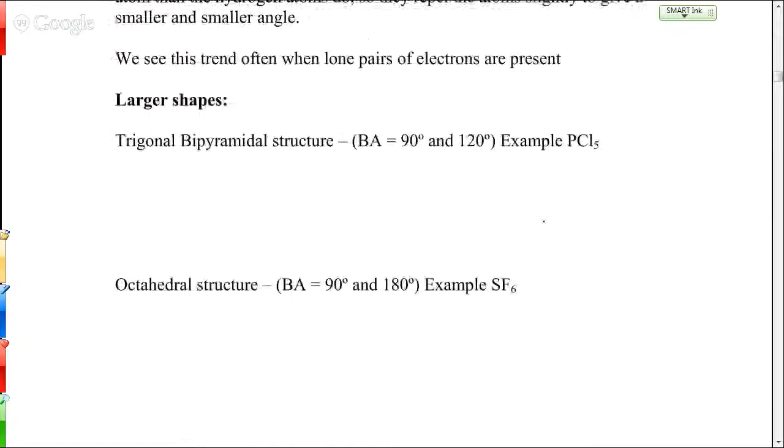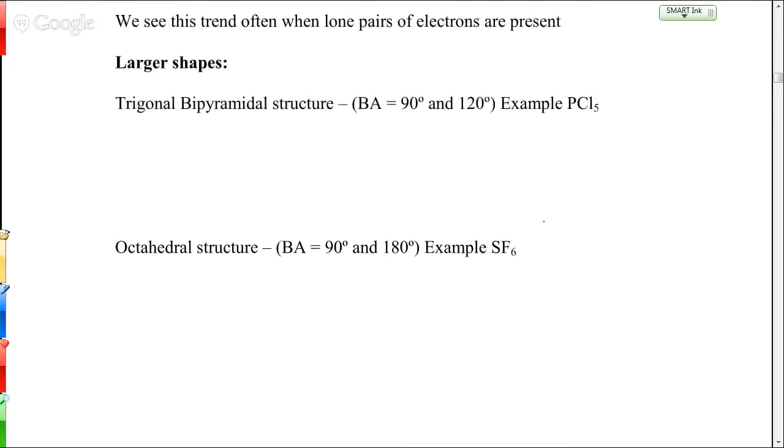All right, so those are structures that we're all pretty familiar with. Let's look now at the bigger structures, which can throw people off a little bit. A trigonal bipyramidal structure is perhaps the most weird at this point. We can think about PCl5, it's going to be a central phosphorus atom with 5 chlorine atoms around it.